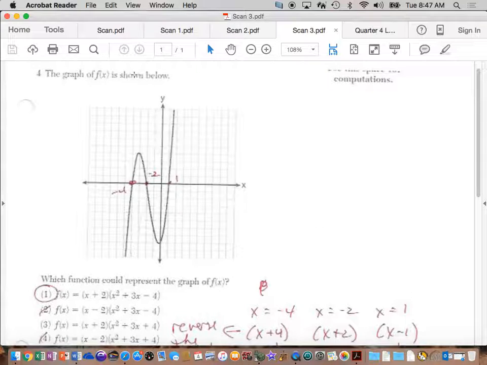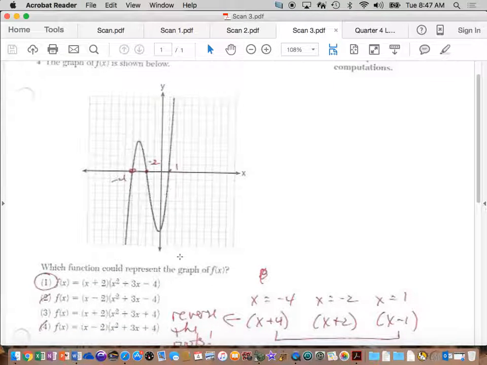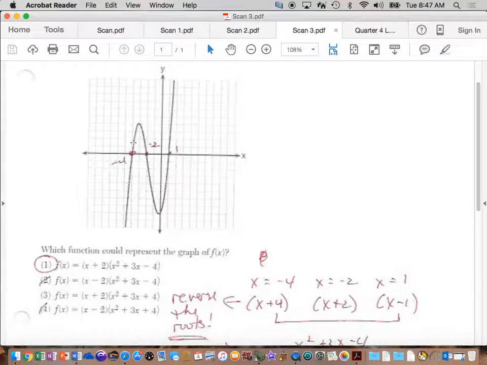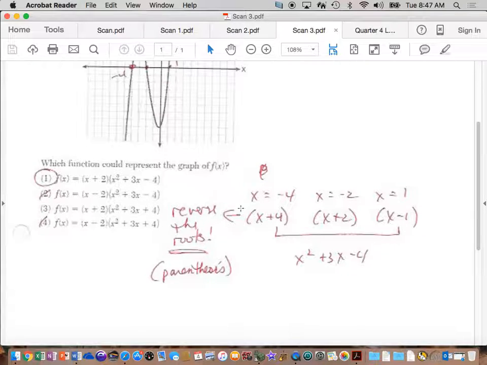It says the graph of f of x is shown below, which could represent the function. Now, I notice that the roots are -4, -2, and +1. That means that x is -4, x is -2, and x is 1. Which means if I then reverse the roots to find out the factors, it has to be x plus 4, x plus 2, and x minus 1.